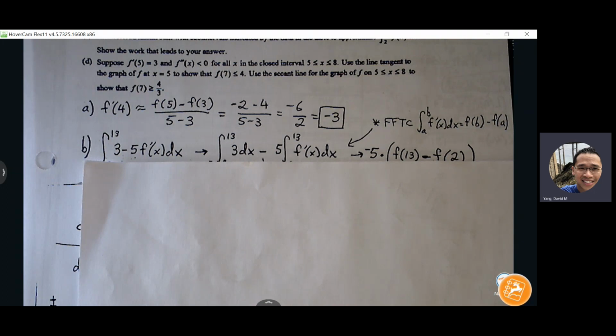So, let's say, for perfect purposes, that the velocity was constant. We know that the area of the velocity is displacement.